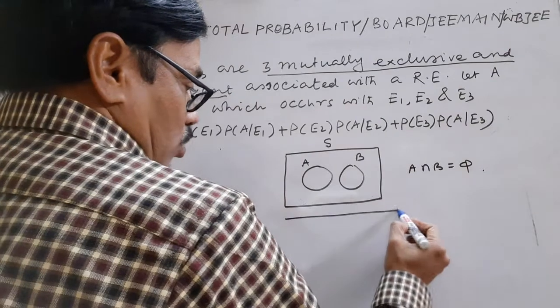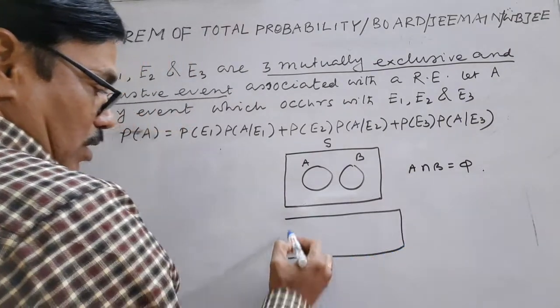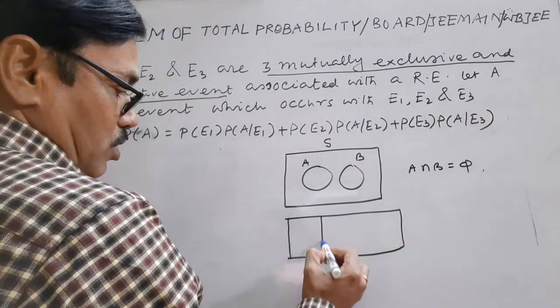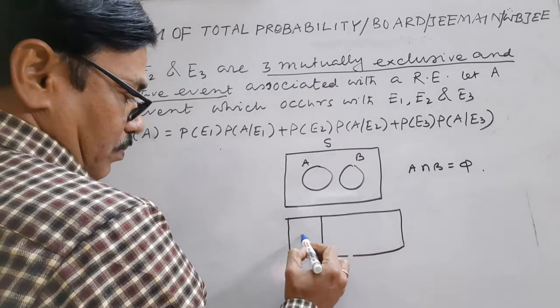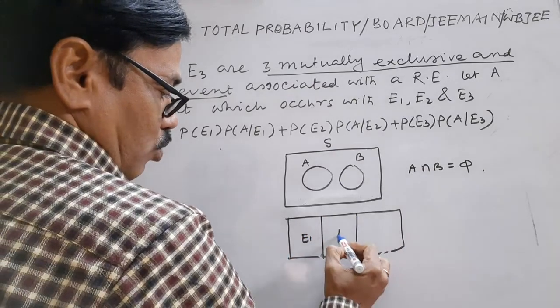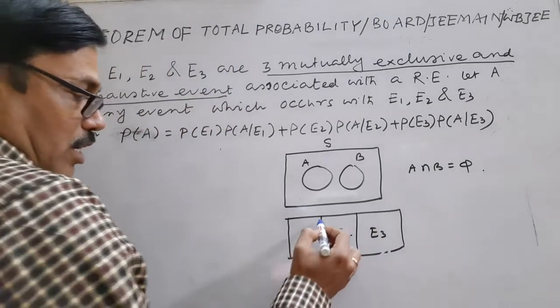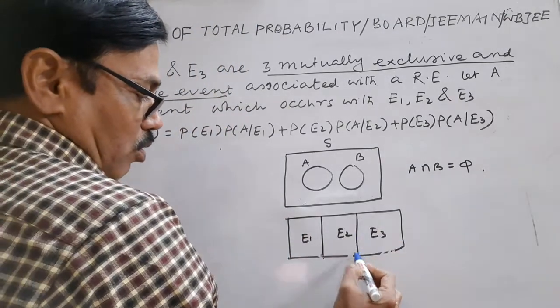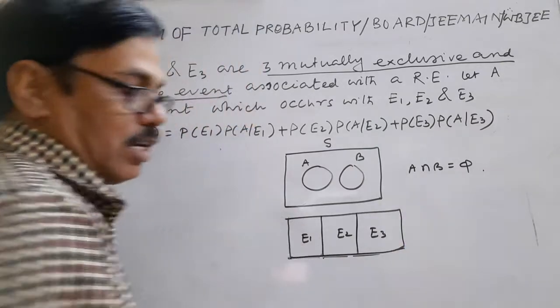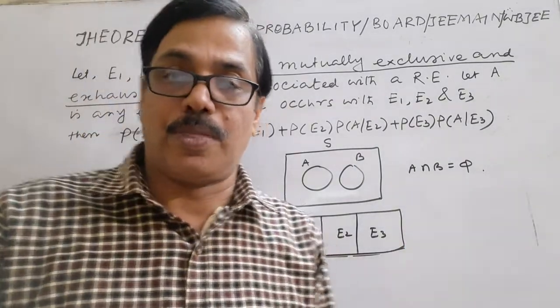Now what is exclusive and exhaustive? Look, suppose this is E1, this is E2, this is E3. There is no common part, so E1, E2, E3 are exclusive.